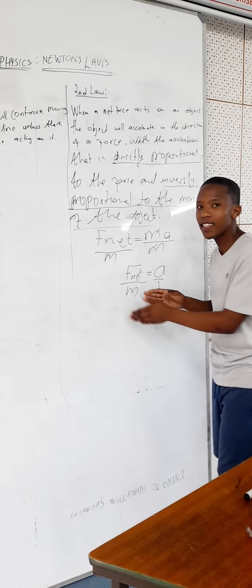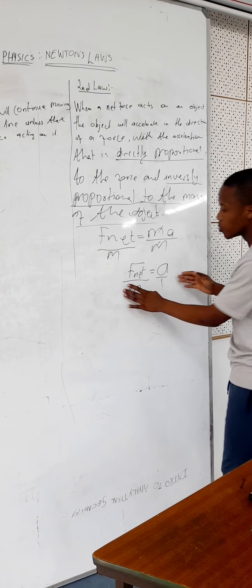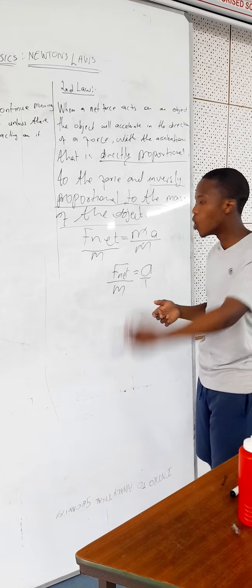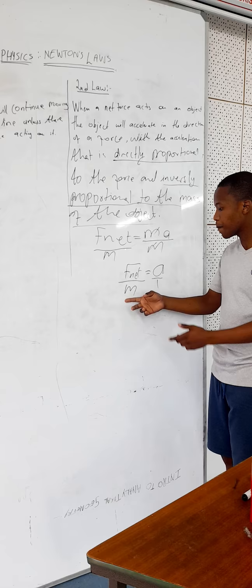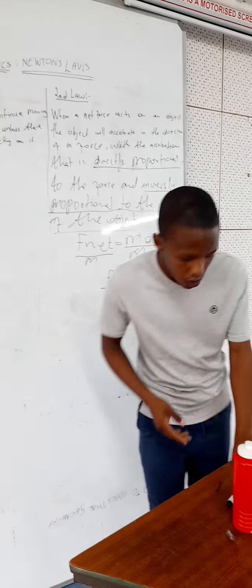The smaller the denominator, the bigger the number you get, and the bigger the denominator, the smaller your number gets.